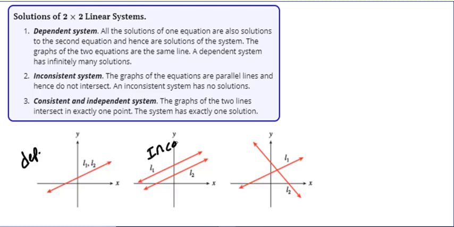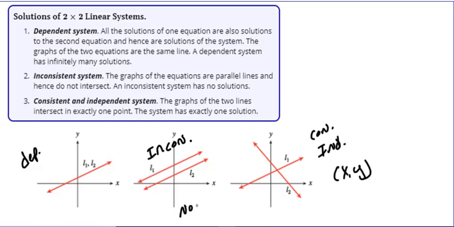Inconsistent. And then the third one is consistent and independent. That means the graphs of two lines intersect at exactly one point, and that one point is the solution. It contains an x and a y. This particular one, two parallel lines, is inconsistent.